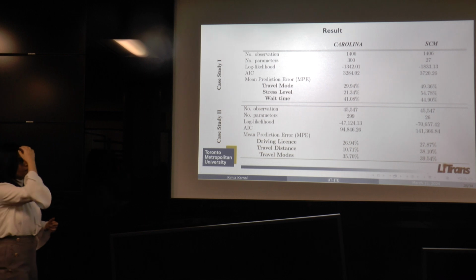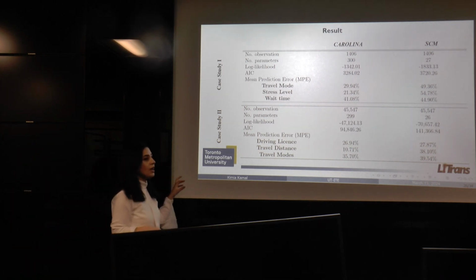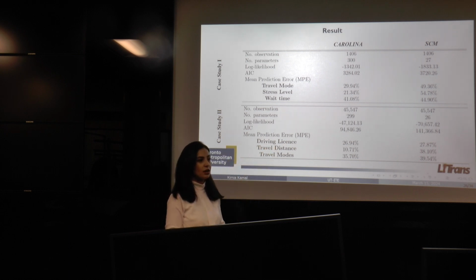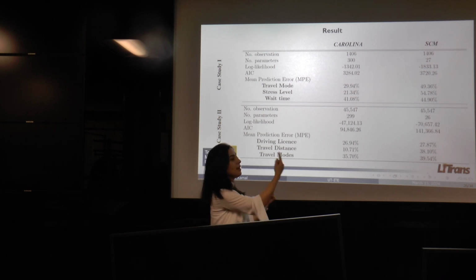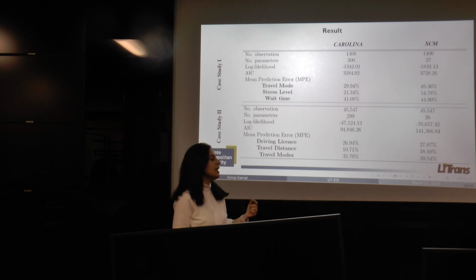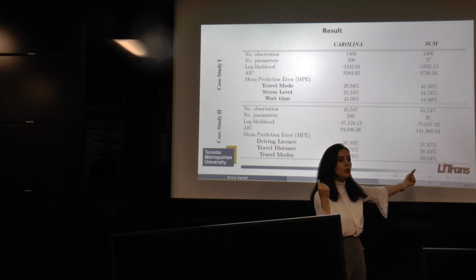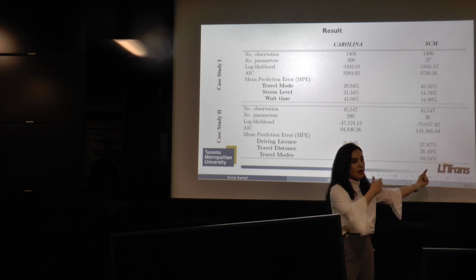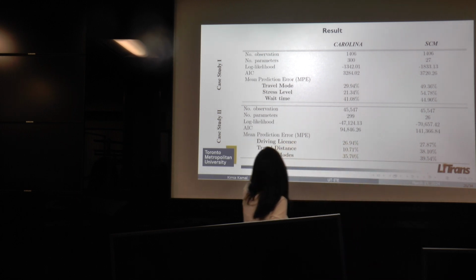In our research, we compare the Carolina with a simple structural causal model. The only difference between Carolina and the structural causal model is that the structural causal model doesn't have any deep component. It's just based on the multinomial logit model and a simple ordered logit model.